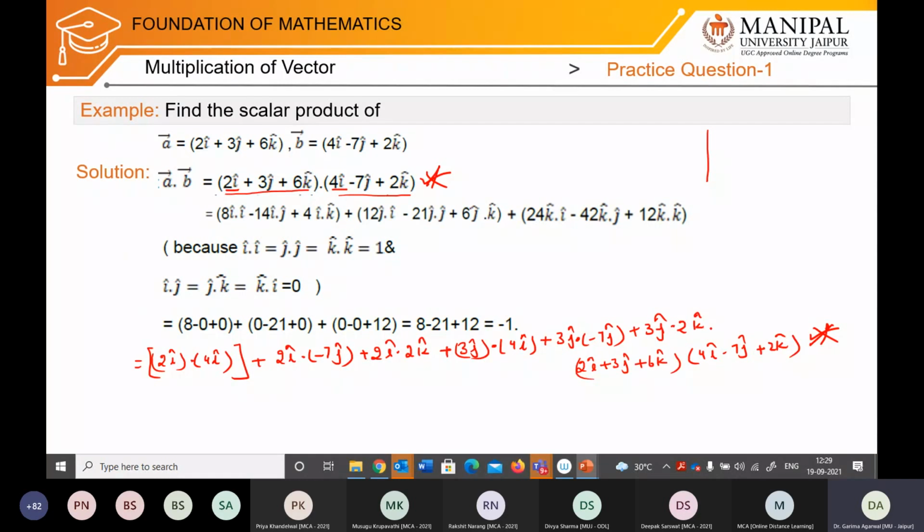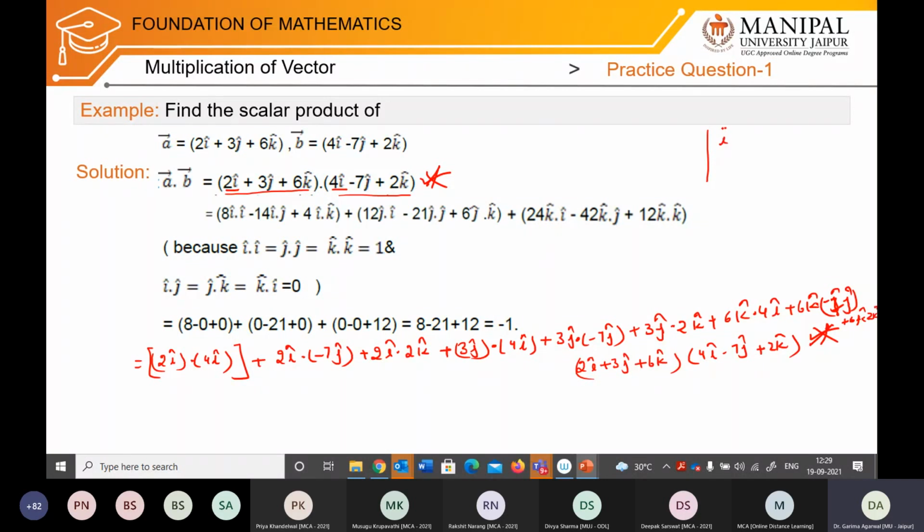Then 6 k cap dot 4 i cap, 6 k cap dot minus 7 j cap, and 6 k cap dot 2 k cap, right?